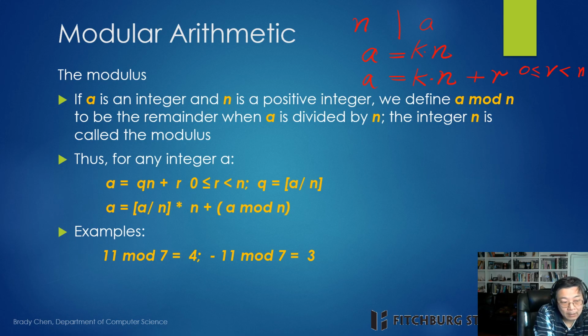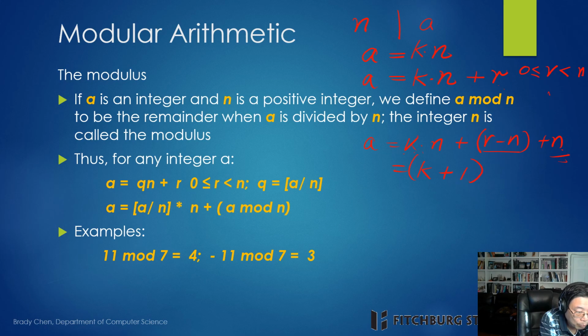Now, why is r less than n? Because if r is greater than or equal to n, then we can take another n and put it over here. For example, if r is greater than n, then we can say a equals k times n plus r minus n. Then we can combine this n with the first term.